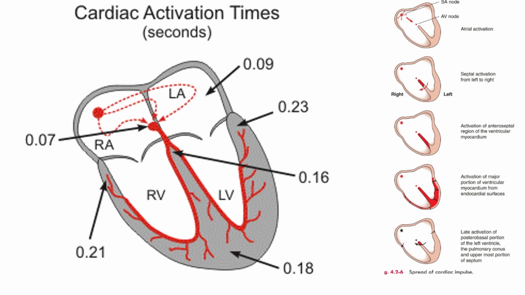Here, this shows the spread of the cardiac impulse from SA to AV node, septal activation of the anteroseptal region, activation of the major portion of the ventricular myocardium from endocardial surfaces, and late activation of the posterobasal portion of the left ventricle, the pulmonary conus and the uppermost portion of the septum. Thus, there is spread of the cardiac impulse.